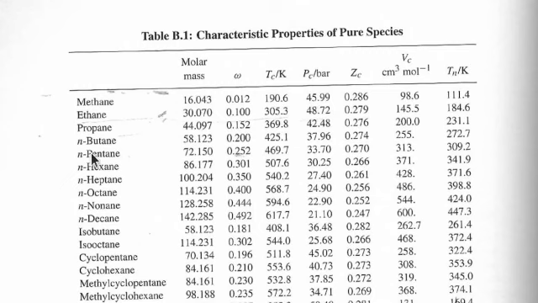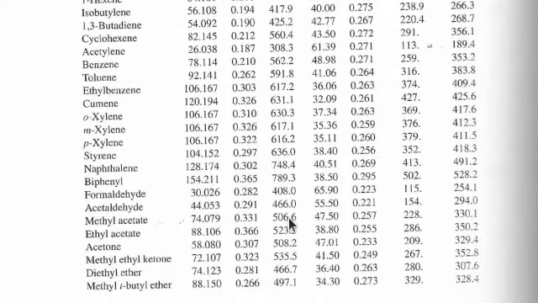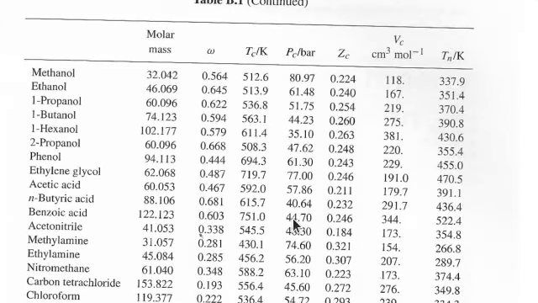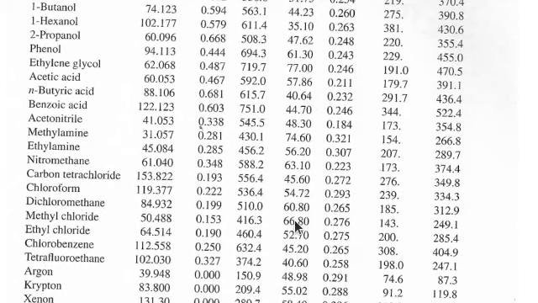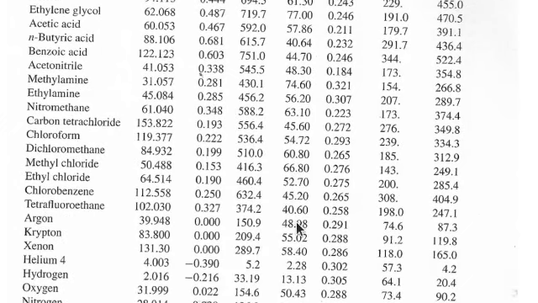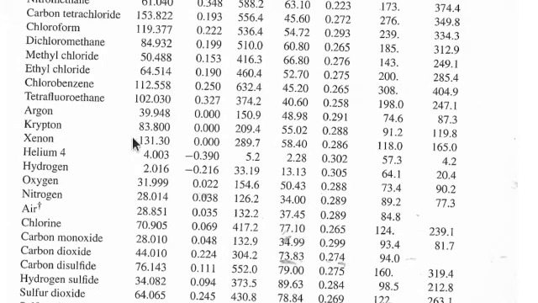And then we come to butane or propane, that is LPG gas. You can see its critical temperature is 369 and critical pressure is 42 bar. Now we come to some other gases, for example carbon dioxide gas. Where is it? Yes, here come these gases. For oxygen gas, its critical temperature is 154 Kelvin and its pressure is 50 bar.